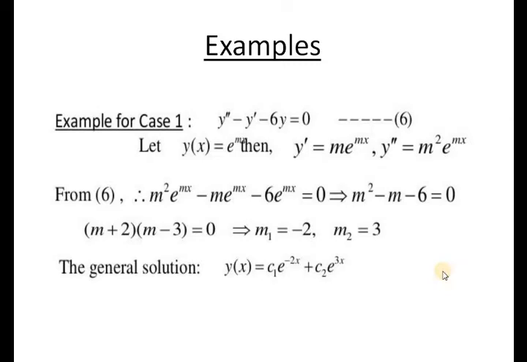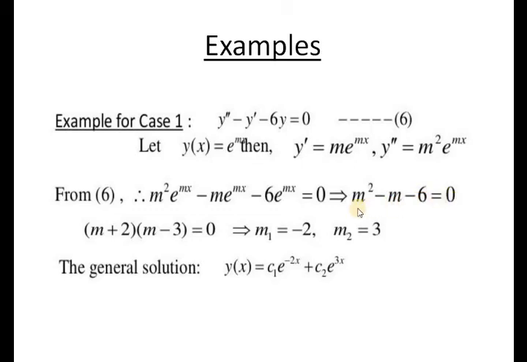Now we look into some examples. First we consider the example for case 1, that is real and distinct roots. Consider the differential equation y double dash minus y dash minus 6y equal to 0. We substitute e raised to mx for y, and find y dash and y double dash. So our auxiliary equation becomes, after substituting the values, m square minus m minus 6 equal to 0.